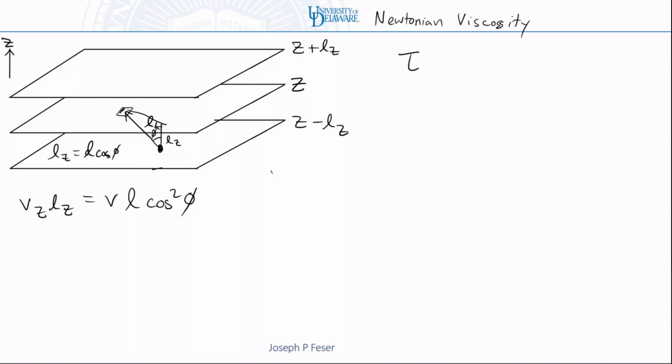For example, on our little patch here, let's say one of these sheets is being pulled at some speed, Vy plus delta Vy, and the other one is moving at some other speed.